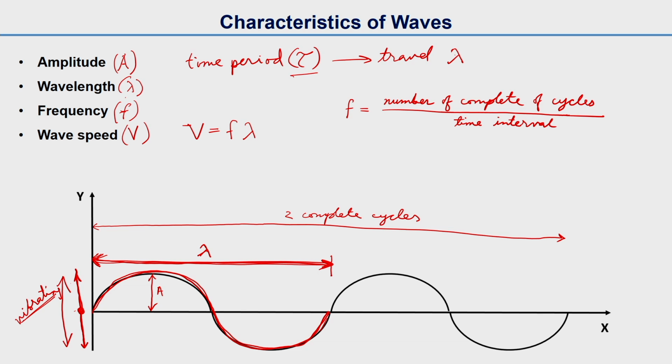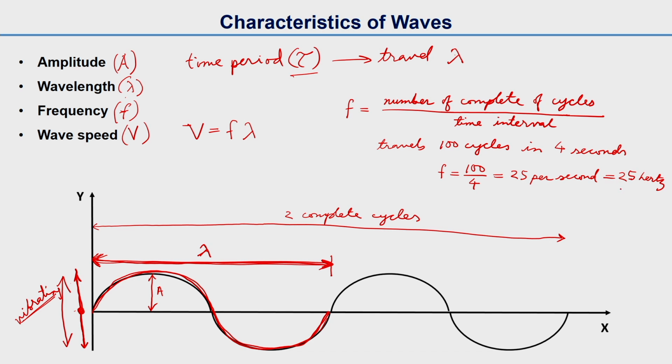So if this wave travels 100 cycles in, let us say, 4 seconds, then the frequency of the wave will be 100 divided by 4, which is 25 per second, and we write it as 25 hertz, or hertz can be written as Hz in short.